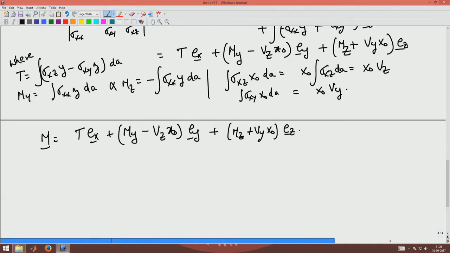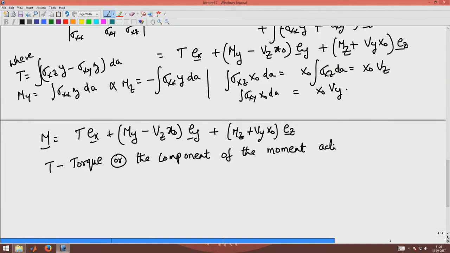Okay, where this T is called the torque, or the component of the moment acting along the axis of the member.